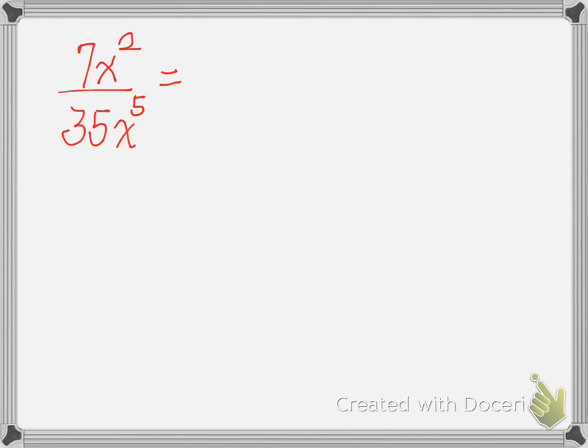For this one, I would take the fraction 7 over 35, and I'm going to simplify that. To simplify this one, I would divide the numerator and the denominator by 7, and that would give me 1 over 5.